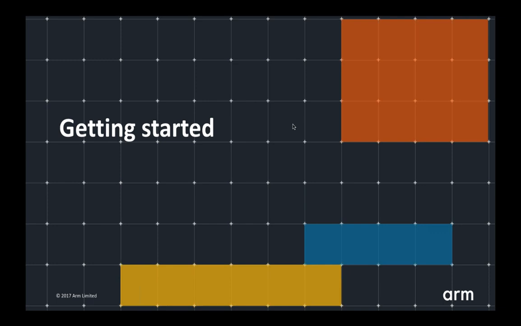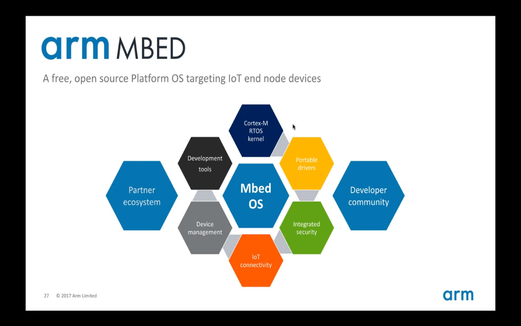Arm Mbed is Arm's platform operating system, Mbed OS, which targets IoT end node devices. If you're aware of Mbed but haven't paid attention for the last couple of years, Mbed used to be a way of making it easy to do Cortex-M development. We've invested heavily in it.